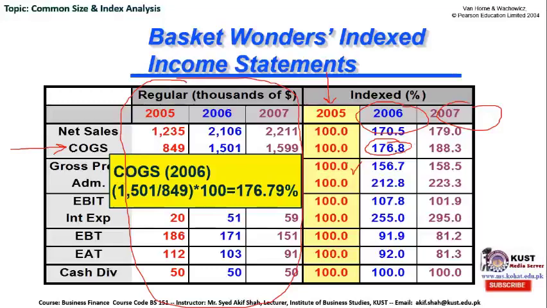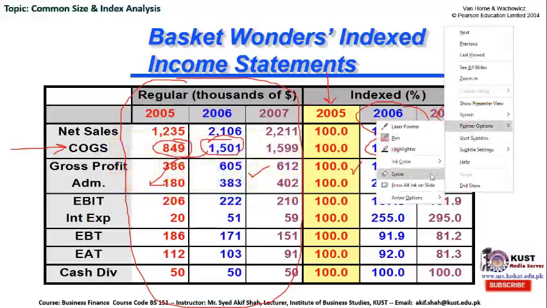We can calculate it by dividing the cost of goods sold of 2006, picking up this data and plugging it in the formula, divided by the base year's cost of goods sold, which is 849. So you are required to divide each value with the base value of the relevant column, and the resultant value is telling you that we have 176.8% of cost of goods sold.